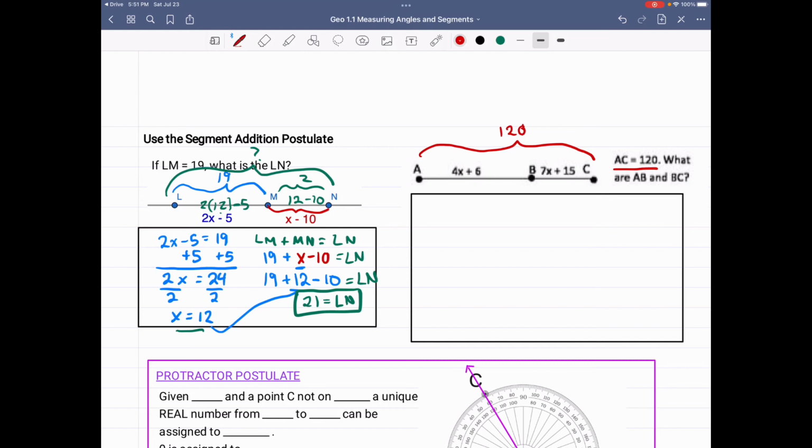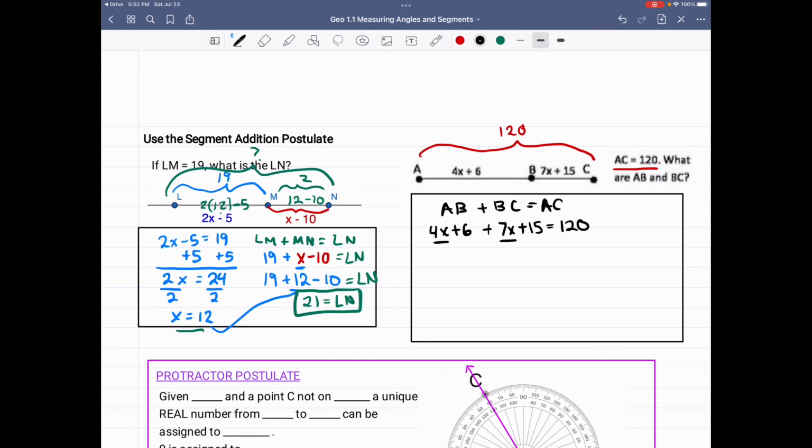So we're going to write an algebraic expression using the lengths AB plus BC, and knowing that that is going to equal AC. So AB, we get from up here, is 4x plus 6, and BC is 7x plus 15, and AC is 120.